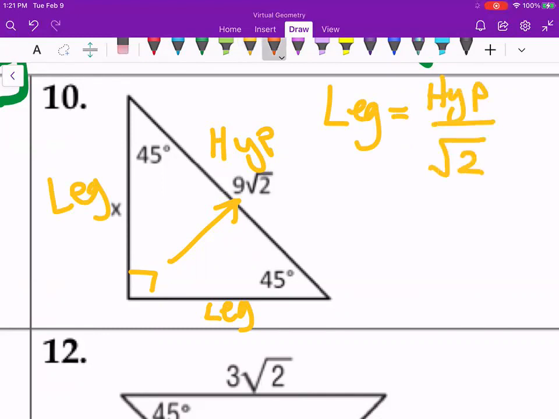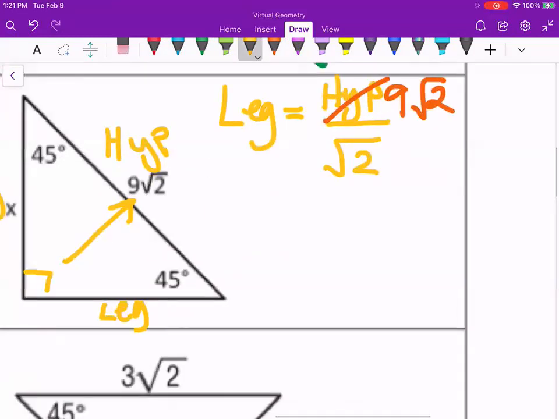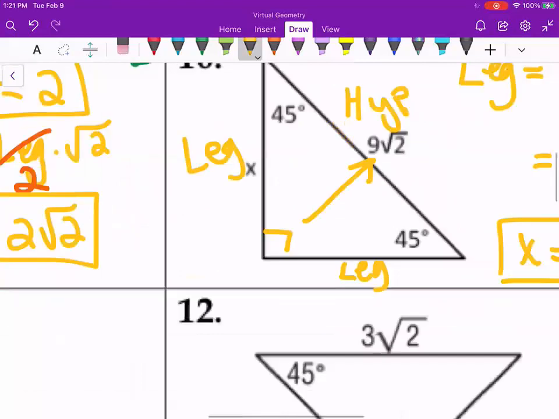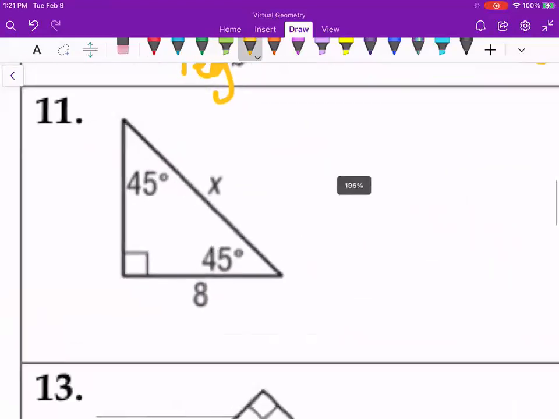And if my hypotenuse is 9 square root 2, then we're really looking at 9 square root 2 divided by square root 2. And like before, those radicals will cancel out. And my missing leg, which was x, is just the 9. And it's done. So again, this is very similar to the 30, 60, 90s, but let's try some more.